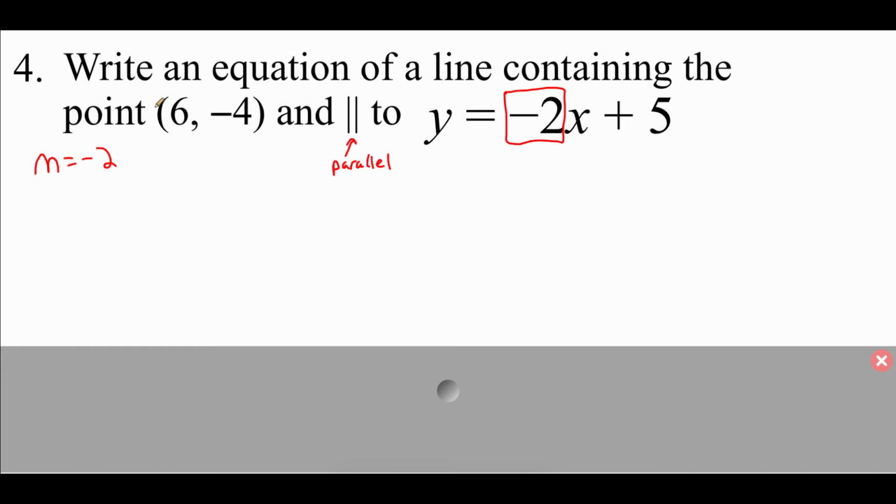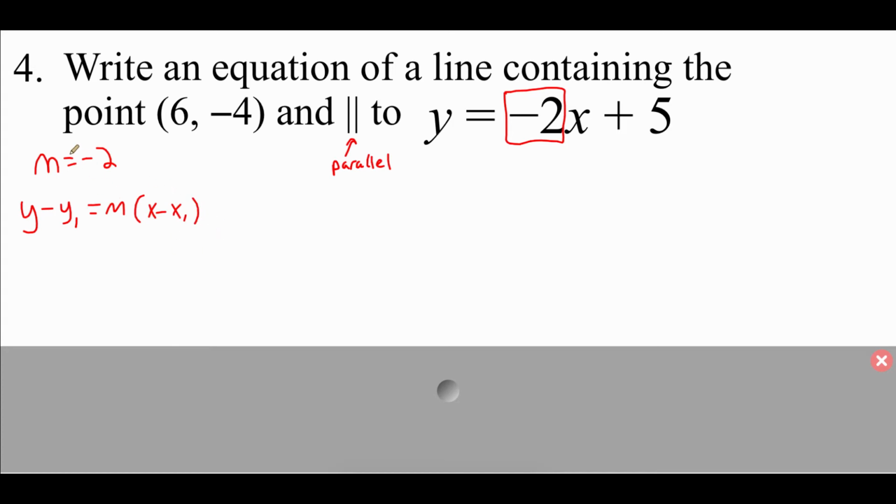Now, because we're told that we want our line to go through a specific point with this slope, we're going to use point-slope form to help us start writing this equation, but then rearrange it into y equals mx plus b slope-intercept form. So when we're writing out an equation in point-slope form, we have to remember that that looks like y minus y1 equals m times x minus x1.